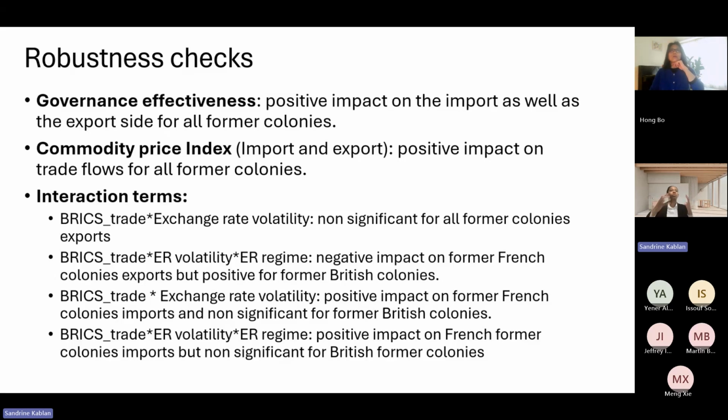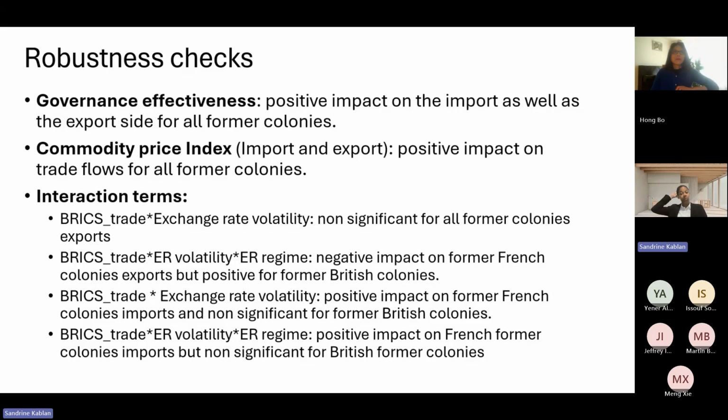the exchange rate regime, the peg regime, the fact that most former French colonies choose a pegged regime as opposed to most British former colonies that choose a flexible regime.